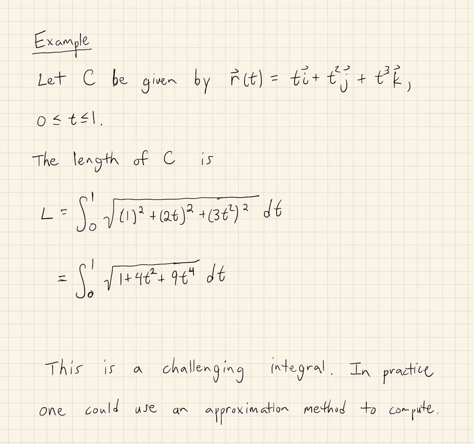Now at this point we get a fairly difficult integral to compute by trying to find an antiderivative and use the fundamental theorem of calculus. In fact, when you're doing these arc length computations, you can start out with a very reasonable looking position vector function, where the component functions are very friendly, like t squared, t cubed.